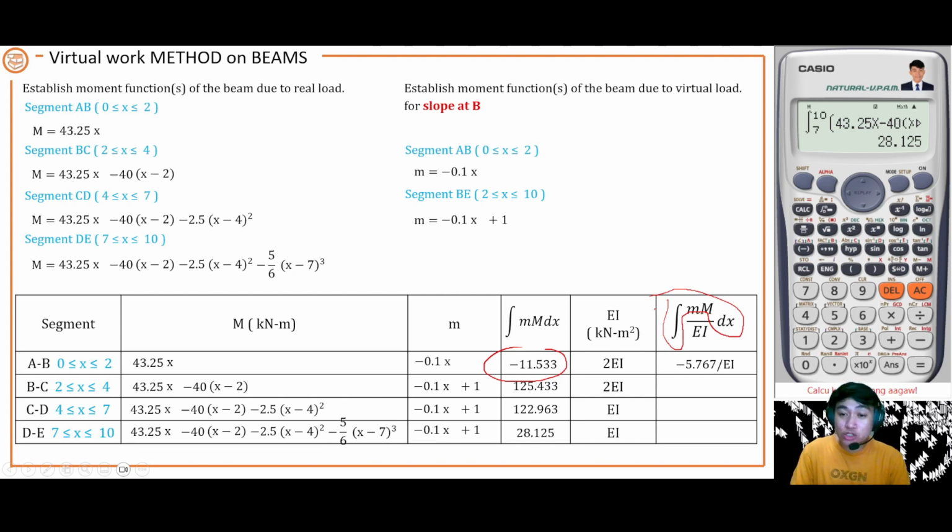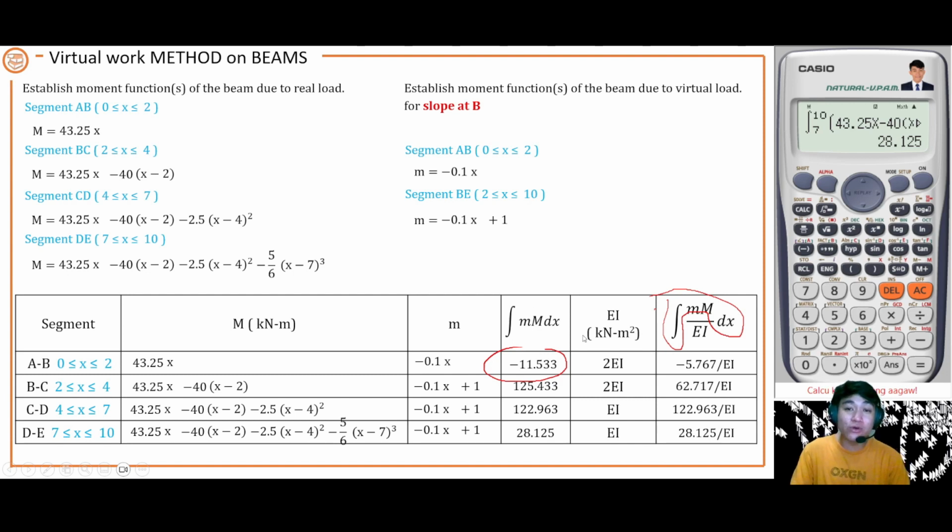Since segment AB is 2EI, segment BC is also 2EI, so we divide this value by 2. Then since your segment CD is only EI, there will be no changes for this value. Since DE is only EI, the flexural rigidity is only 1 EI, so this value will not change.